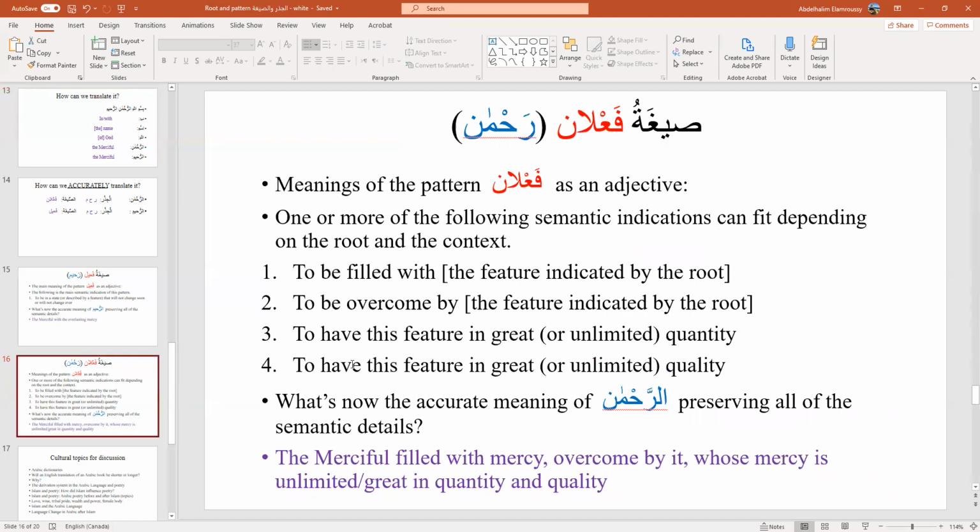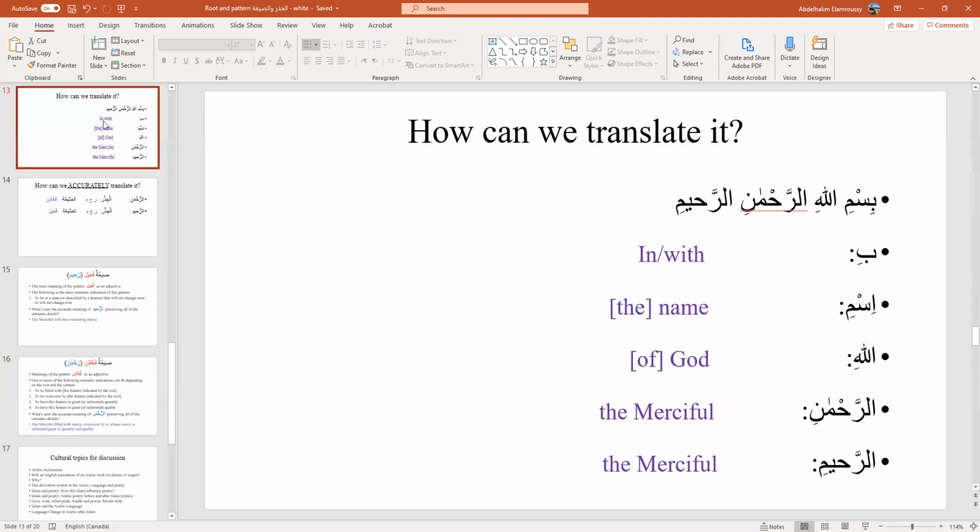So you can see again how four words of Arabic cannot be translated into four words in English, because you can, but you will not be able to preserve all of the meaning. That's why I always say that Arabic is a 3D language, because it doesn't have just one layer of meaning.